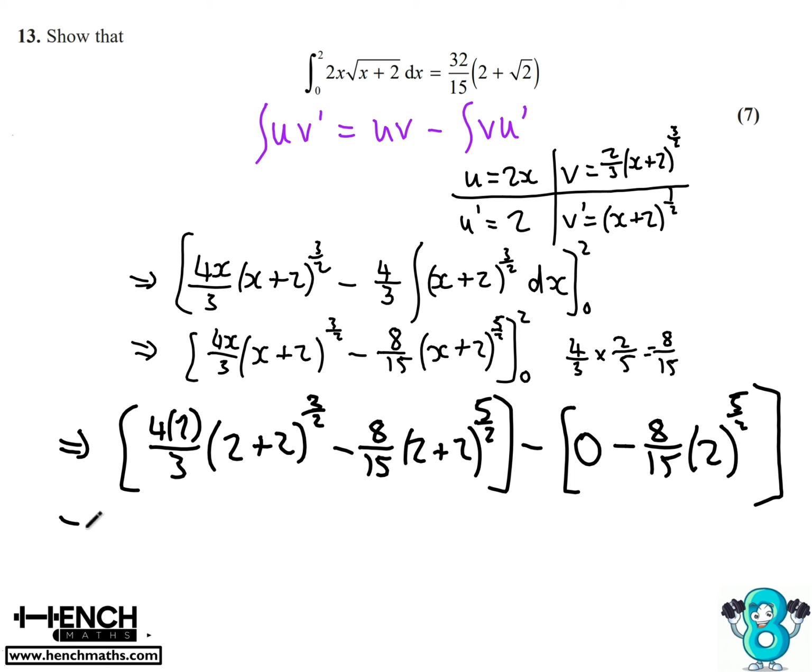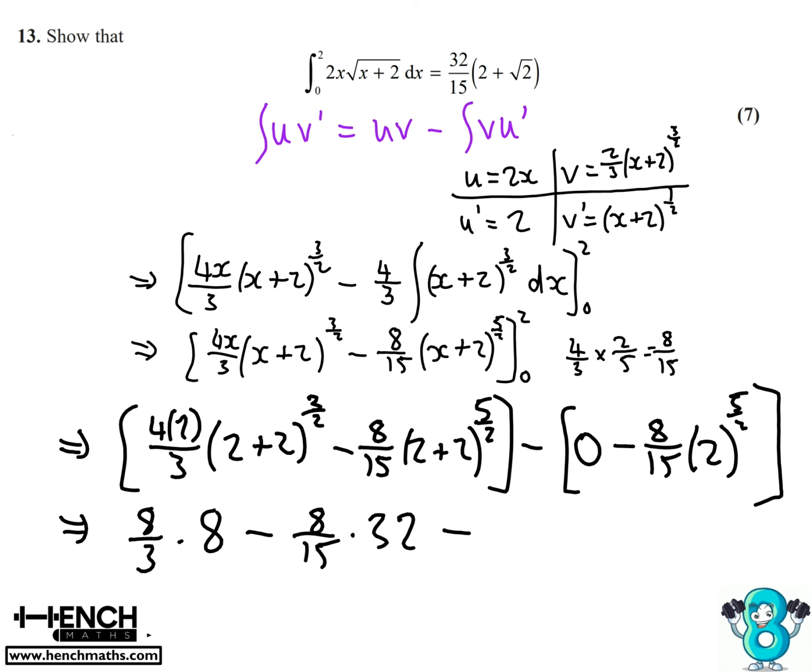Now let's try and sort these out. So 8 over 3 multiplied by, so 2 plus 2 is 4 to the power of 3 over 2. So that's the square root of 4, which is 2 cubed, so that's multiplied by 8. And then we're going to get 8 over 15 multiplied by 4 to the power of 5 over 2. So the square root is 2 to the power of 5, so we're going to multiply that by 32.